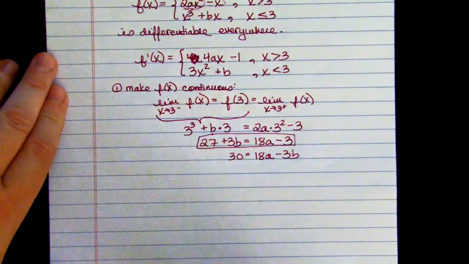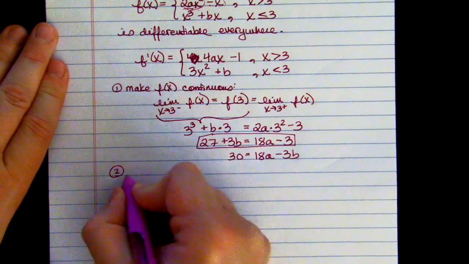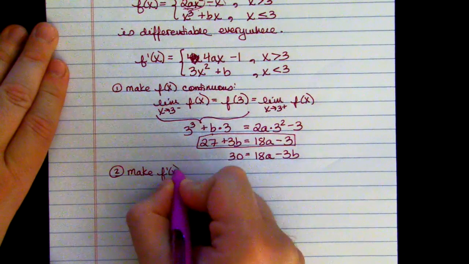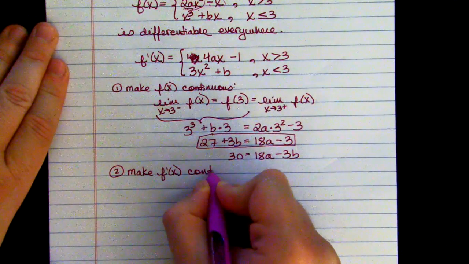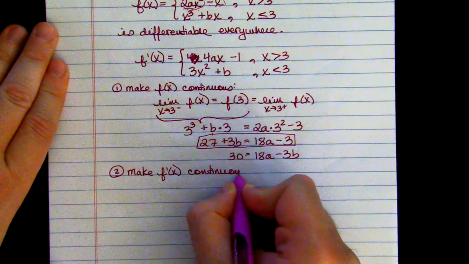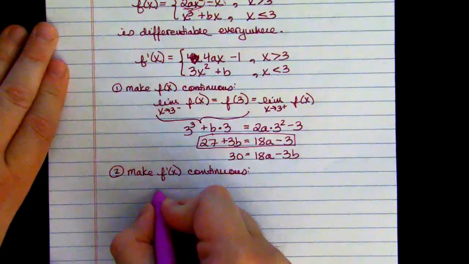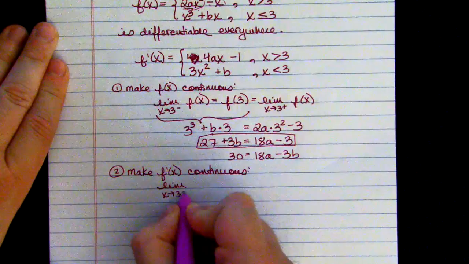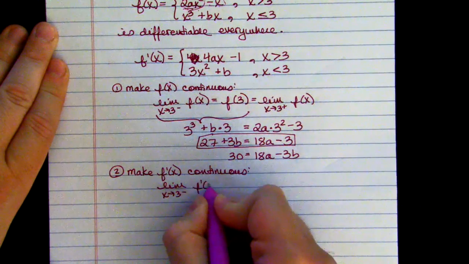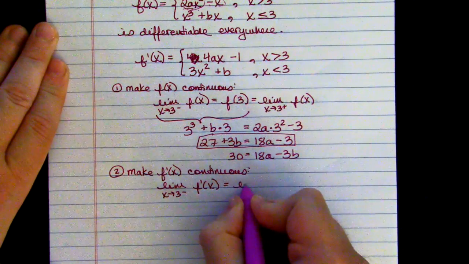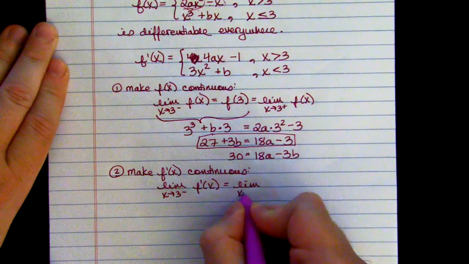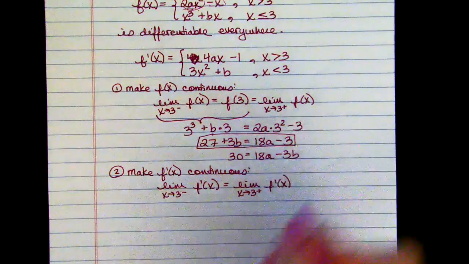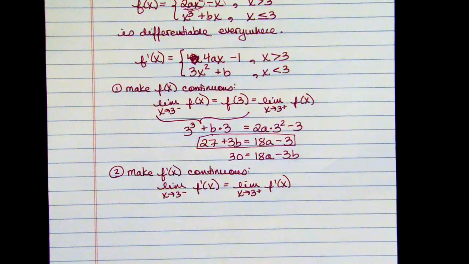The next thing we have to do is make f prime of x continuous. So I'm going to say the limit as x approaches 3 from the left of f prime of x equals the limit as x approaches 3 from the right of f prime of x. See if you can go deal with that and make an equation there.